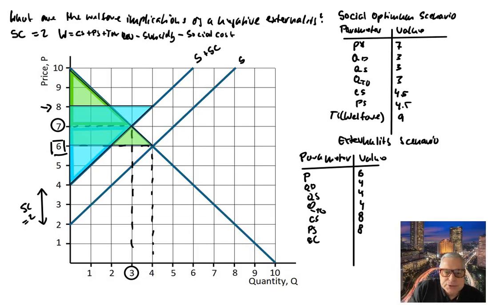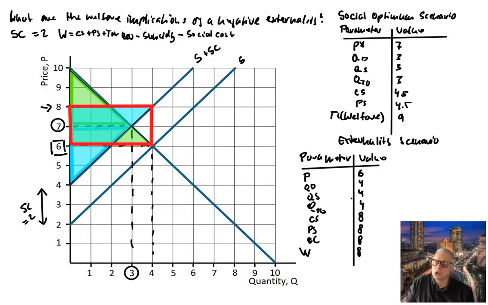So this total social cost is now this area here, and you see this area is 8, so now social cost is 8. So that means our total welfare, or total surplus is consumer surplus plus producer surplus. 8 plus 8 is 16, minus 8 is 8.